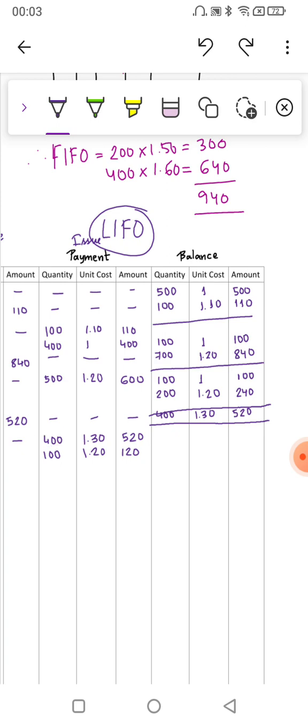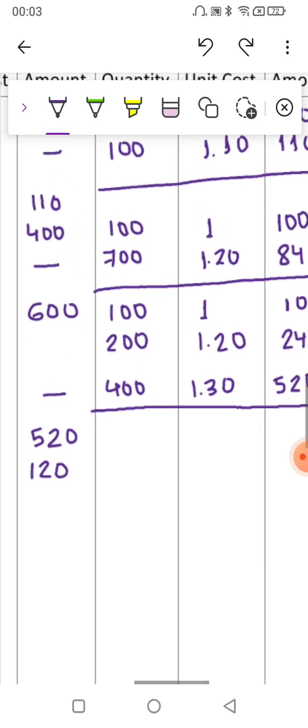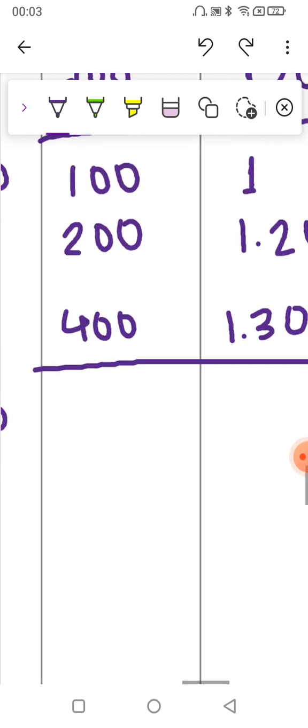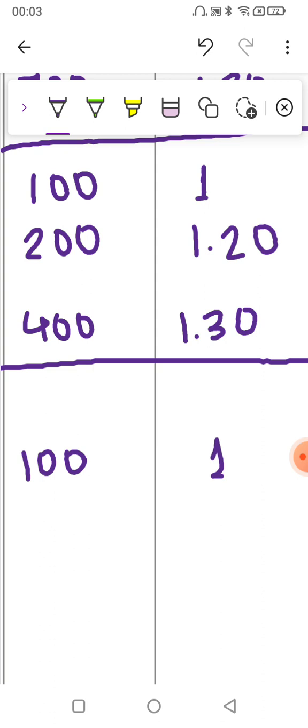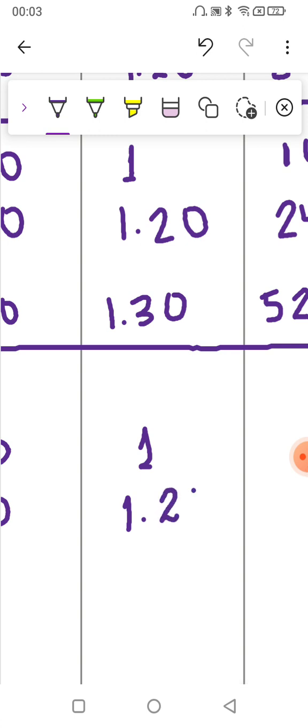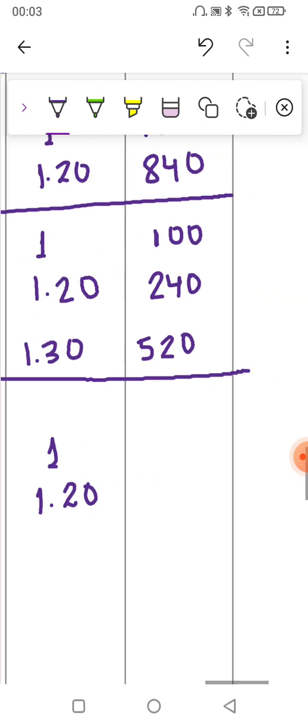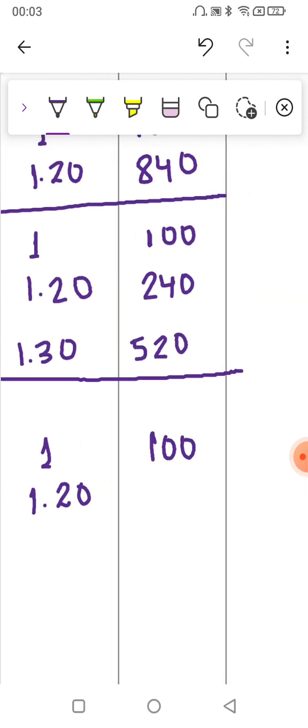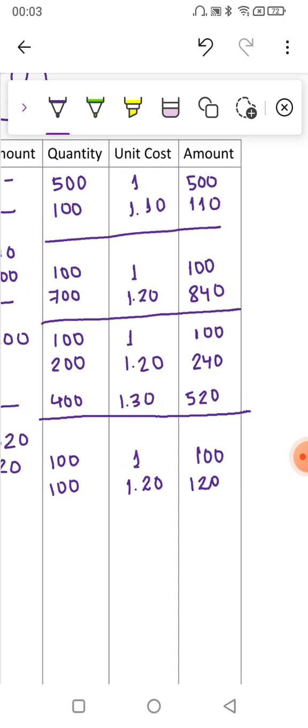So let's record it. 100 of the old stock remains at 1 rupee, and 100 from the second lot of 1.20 also remains. Nothing of the 1.30 lot remains. So this is what is left with us after multiplying.